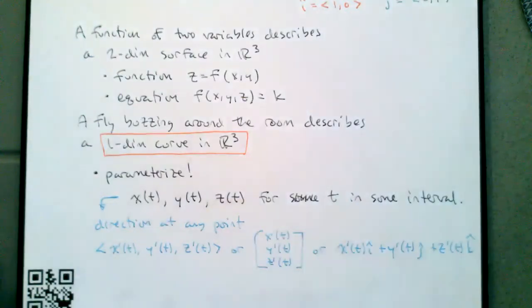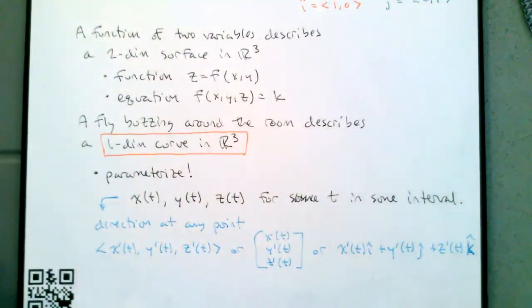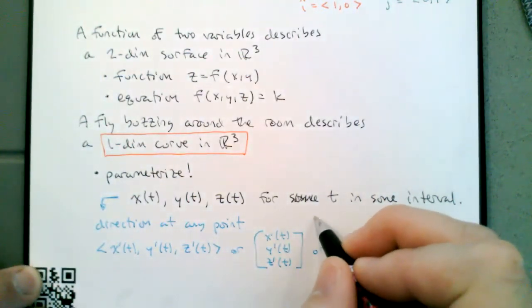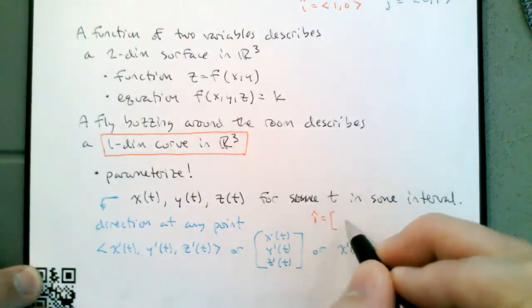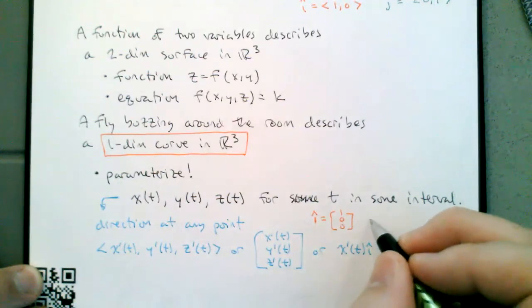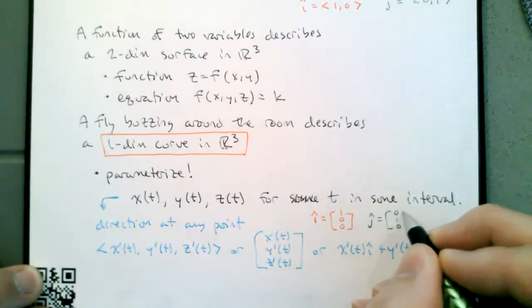Any questions? It's supposed to be a K. So i, j, and k are now unit vectors in R3. So i hat is going to be 1, 0, 0. j hat will be 0, 1, 0.